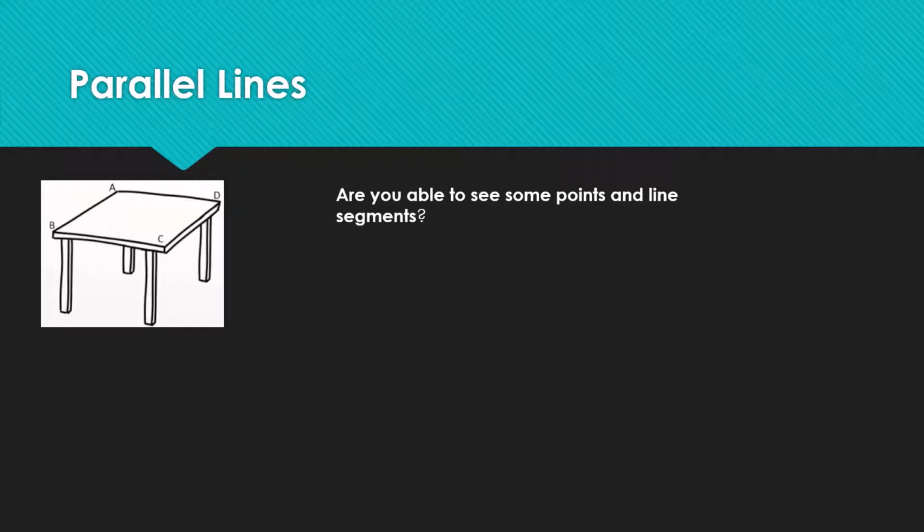Now, parallel lines. Look at the figure first. Are you able to see some points and line segments? Yes, we see points A, B, C and D, and line segments AB, BC, CD and DA.